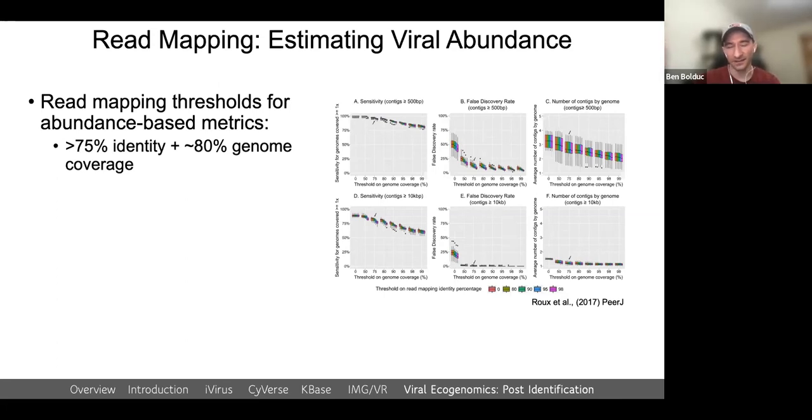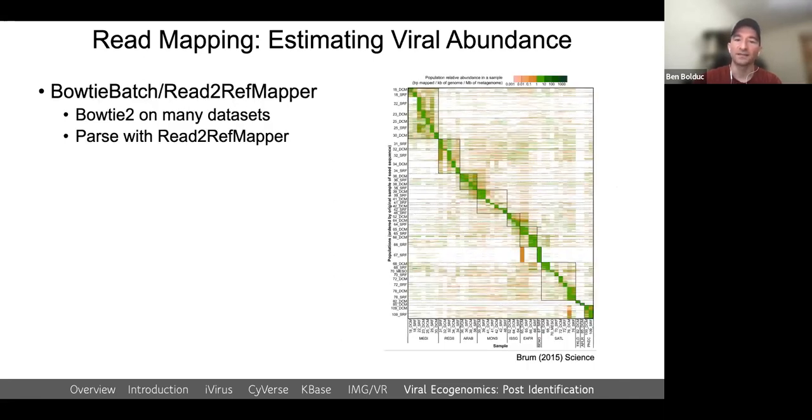Do you really? So Simon went through, identified that, and said, okay, above this, you can be pretty confident. Below this, you shouldn't trust it, or not with as high confidence. So you can use those confidence thresholds and apply them to your viral data that's been predicted, cleaned up, and all of that, and map using all of your reads from all of your different samples and data sets.